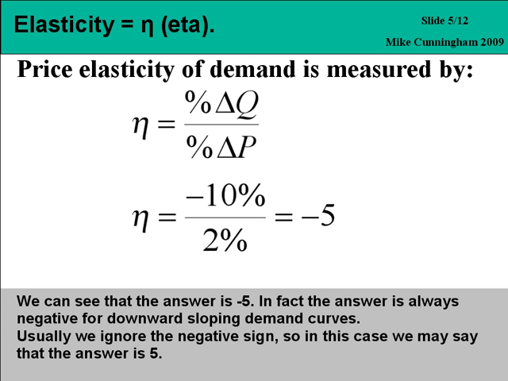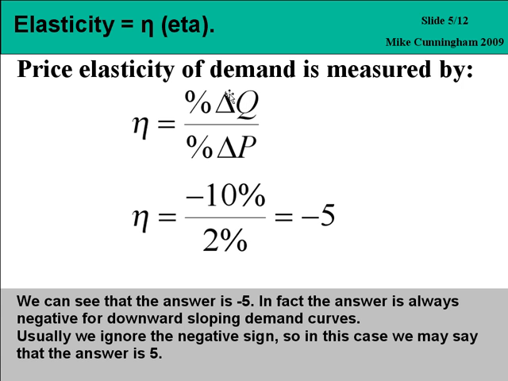And as I said earlier, if prices, let's say, increase by 2%, plus 2%, the demand might fall by 10%, minus 10%. So the percentage change in quantity is minus 10%.